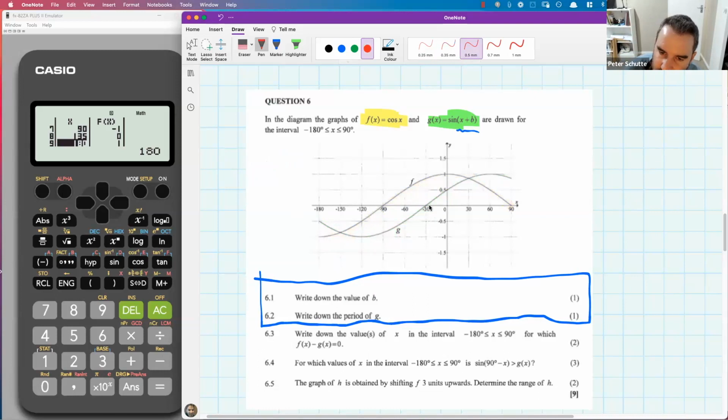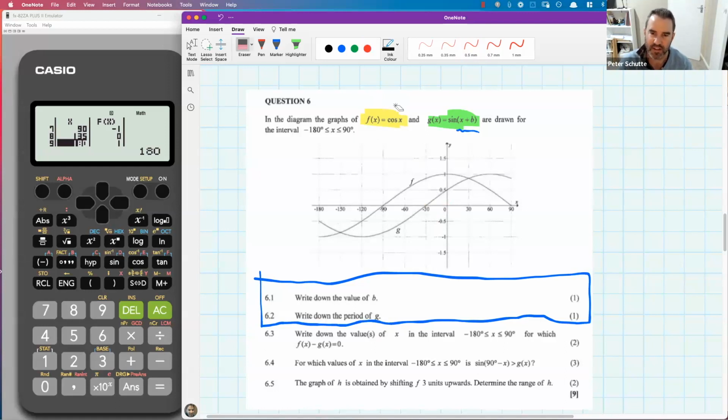I'll give you a little hint. What do you think that is showing you? Doesn't it feel a little bit like this graph has been shifted, the normal sine graph has been shifted in that direction?